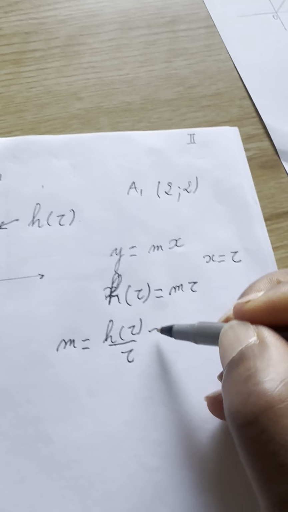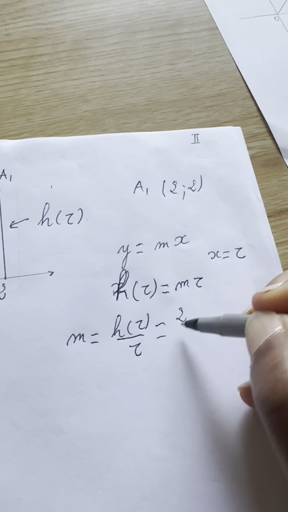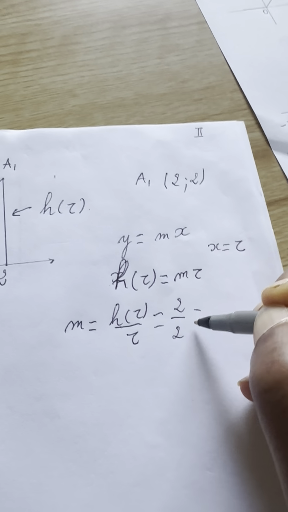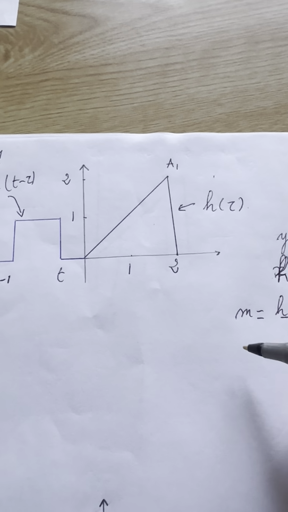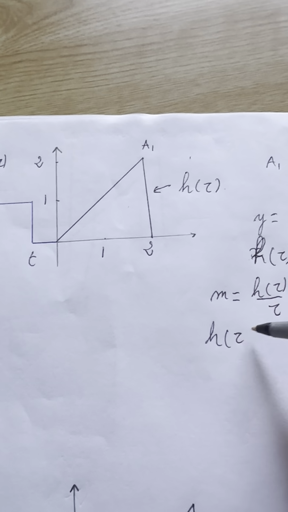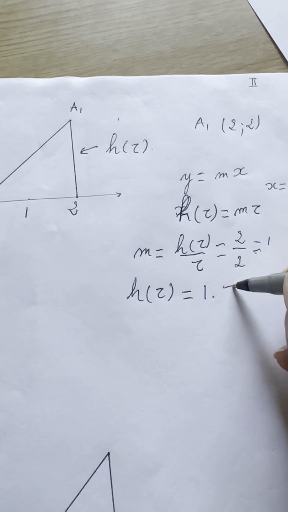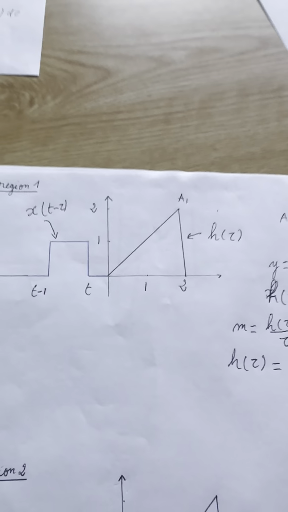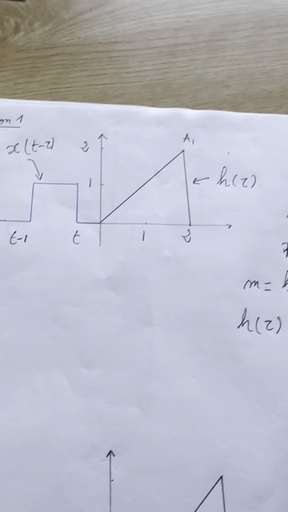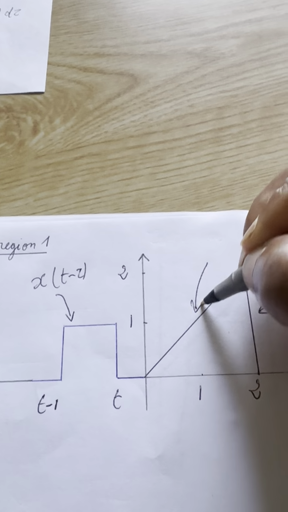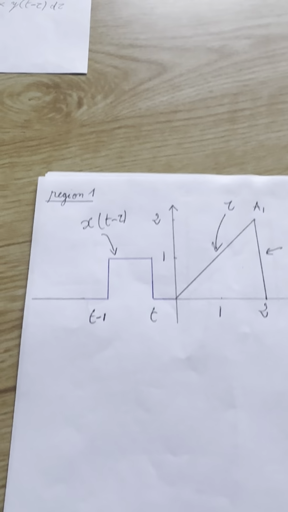So we replace this one, 2 equals 1, so h(tau) equals m times tau, which equals tau. So this one is tau.